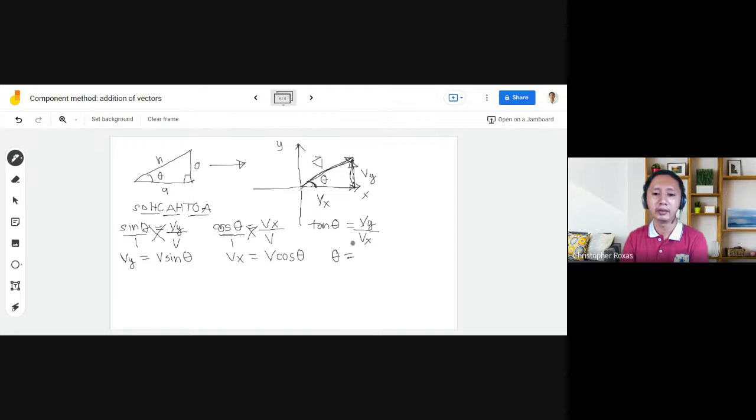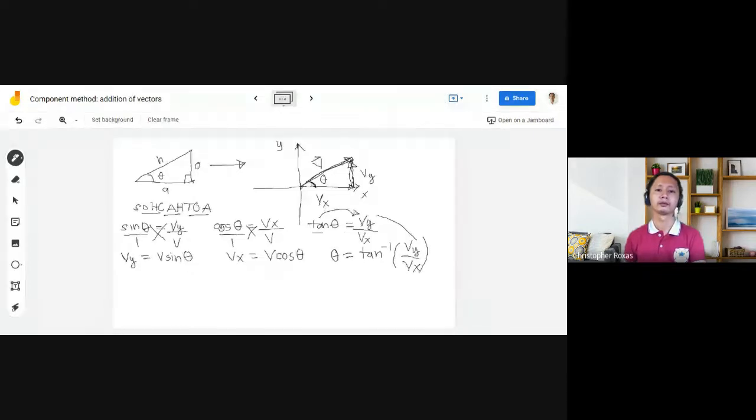Theta will be equal to, you move the tangent to the other side. So, when you move the tangent to the other side, it becomes inverse tangent. And then, times v sub y over v sub x.